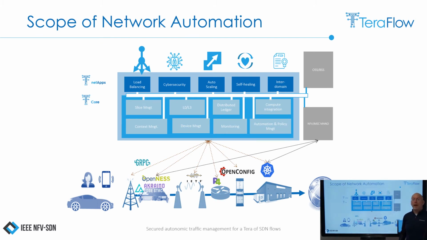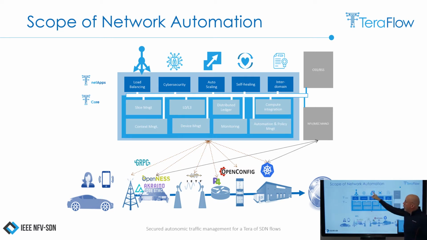So where do we apply automation within the TerraFlow project? Well, actually the applicability is quite wide and varied. So we have at the high level, service automation, application automation, potentially.